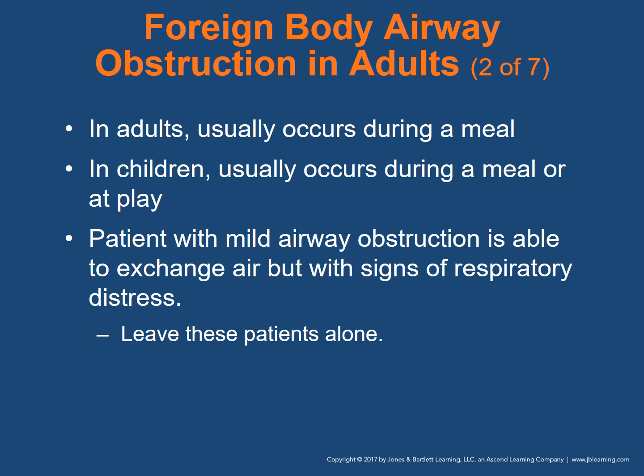And when that happens, we're going to lay them down supine on the ground and start chest compressions. We're going to do a 30 to 2 compression to ventilation ratio, just like normal, but instead of doing 2 ventilations, we're going to open the airway and see if we can easily remove the obstruction from their airway.